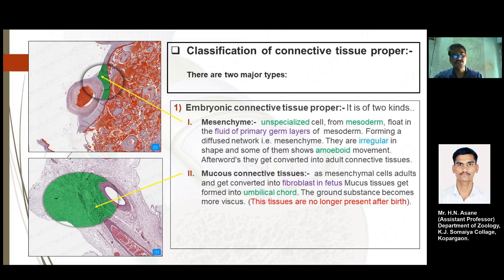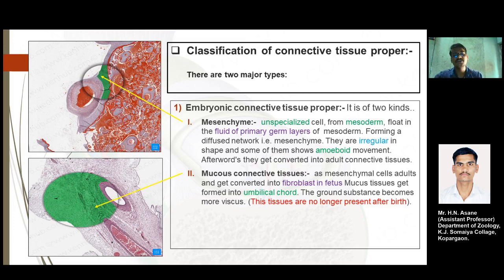The first is the mesenchyme, which we have seen in the previous part of this chapter. Mesenchymes are unspecialized cells from the mesoderm that float in the fluid of the primary germ layer of mesoderm, forming a diffuse network. They are irregular in shape, and some of them show amoeboid movement, that is, they are movable or wandering cells.